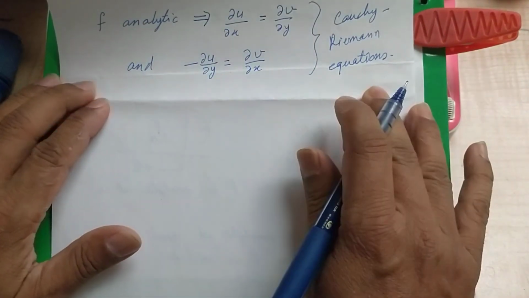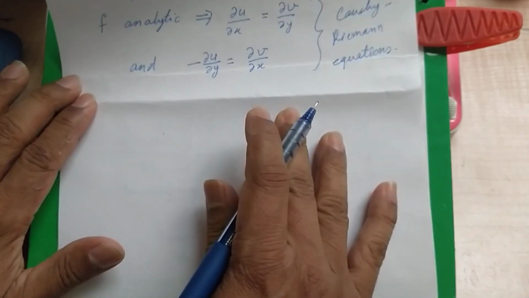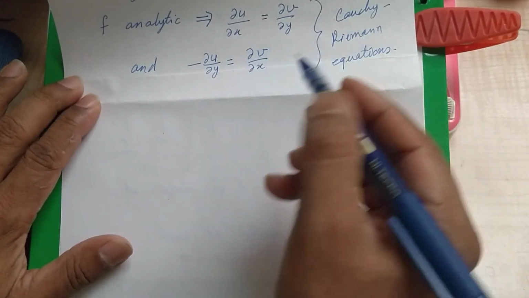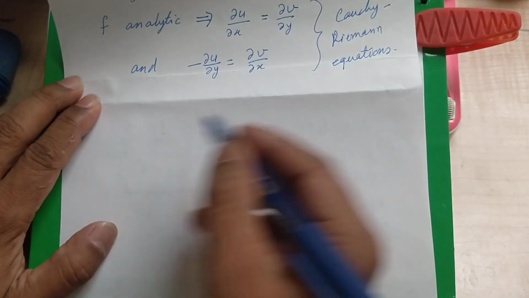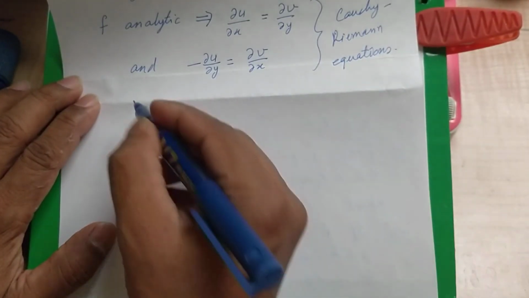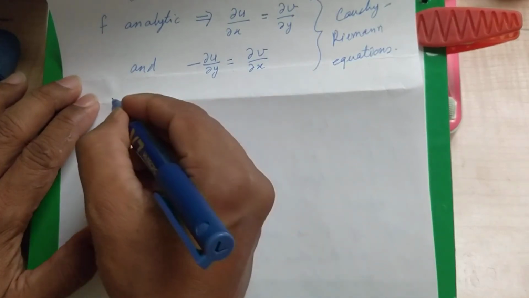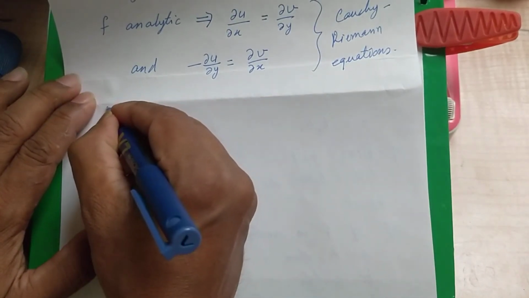Another consequence of analyticity is that the first order partial derivatives, in fact, partial derivatives of all orders of u and v are continuous. They exist and they are continuous.